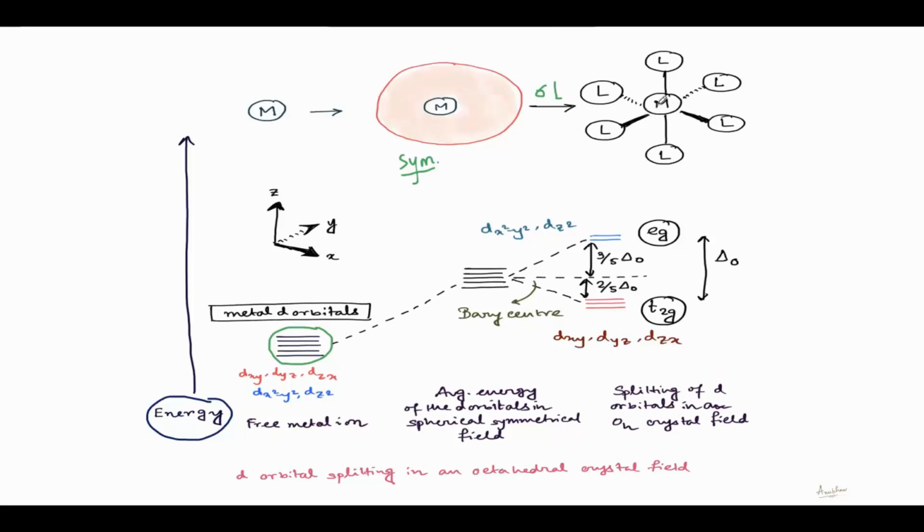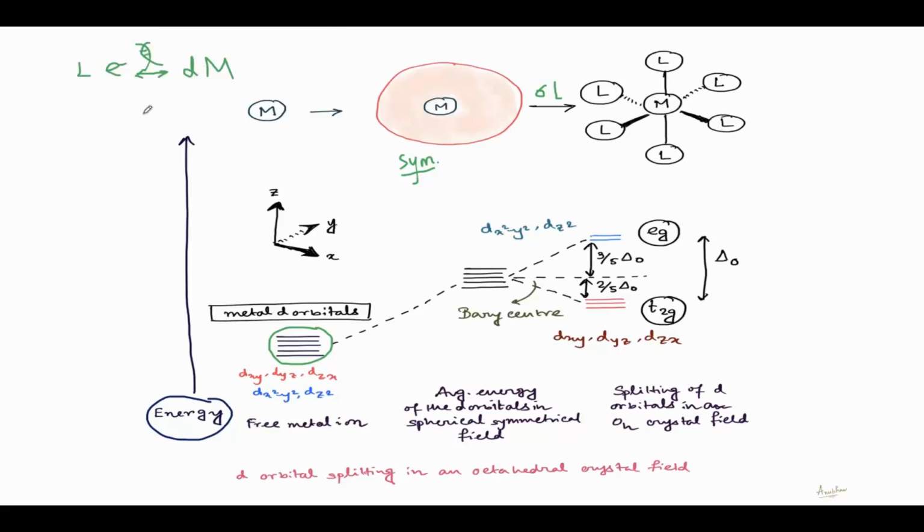When the ligand electrons and the metal d orbitals lie on the same axis or the same orientation, this repulsion will be quite high because the repulsion will be head on.